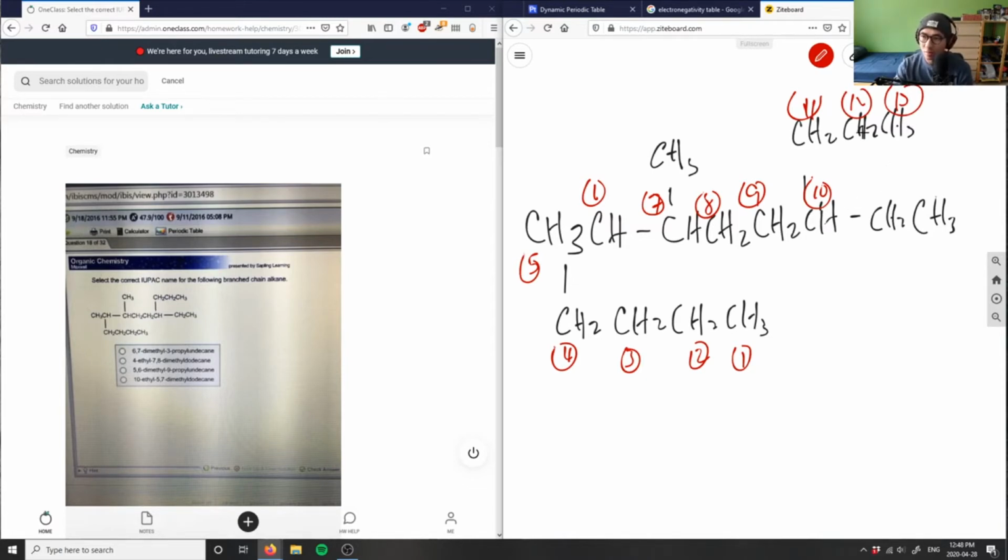Let me just check here. 1, 2, 3, 4. 4 would put some emphasis on this ethyl group here. So I would probably actually count from up to down and not from down to up here. So let me just erase this.